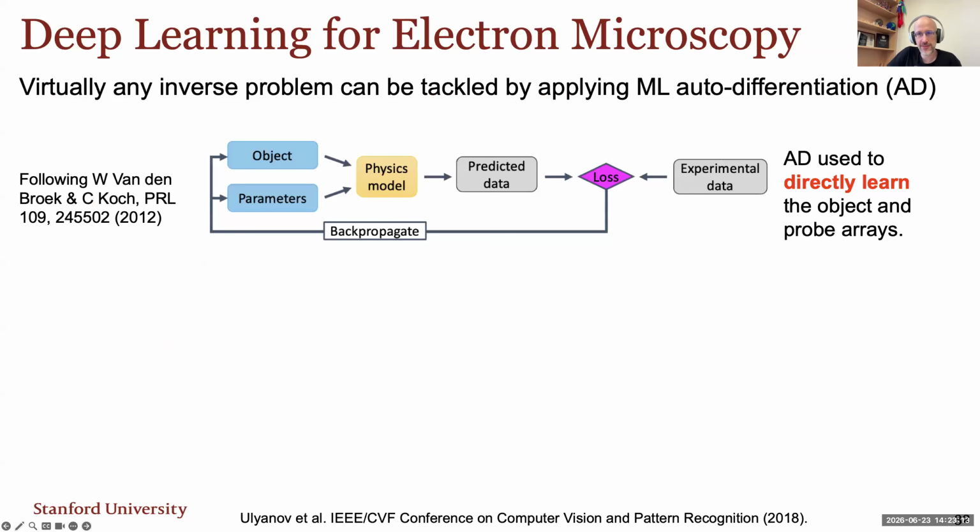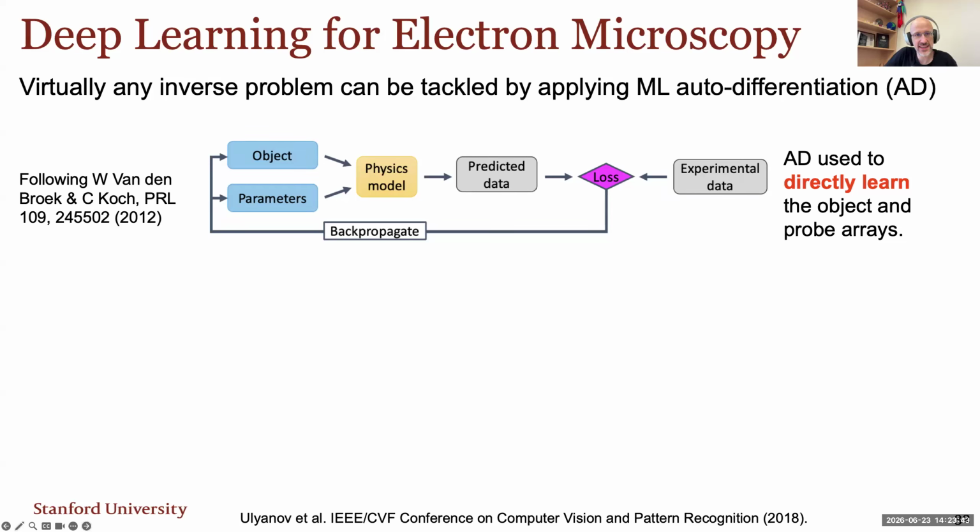So this is the basic framework that every group, except for my group and a few other groups, use: directly using PyTorch with, say, auto differentiation to update our current gradient descent physics models. I think the first paper that covered this was Wouter van den Broek and Christoph Koch in PRL way back in 2012, when they pointed out that inverse multi-slice ptychography essentially was a neural network that we were solving, right?